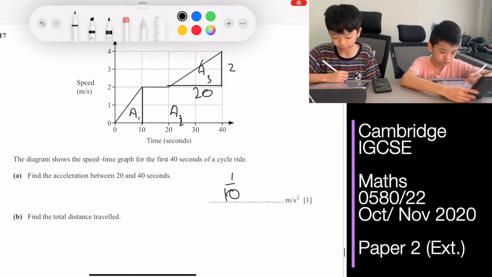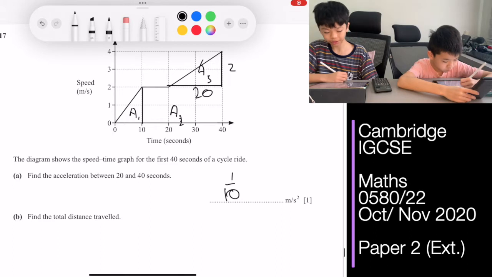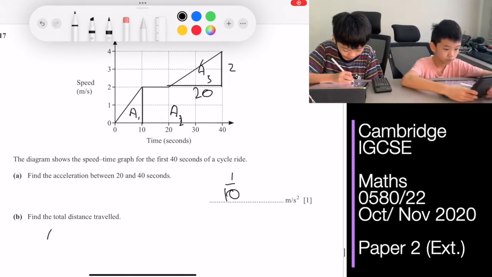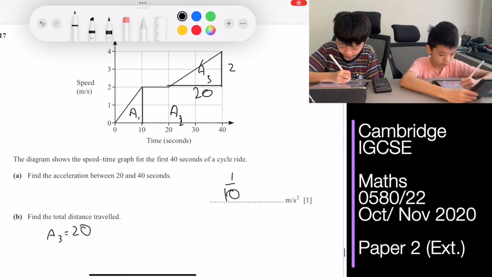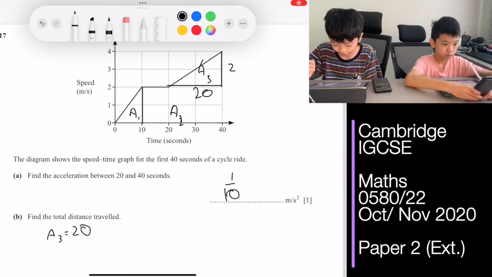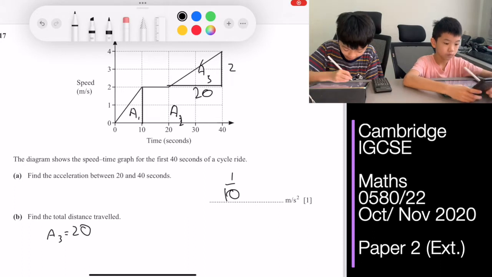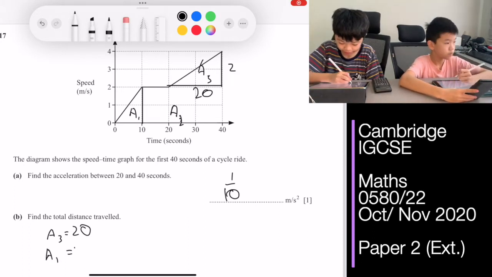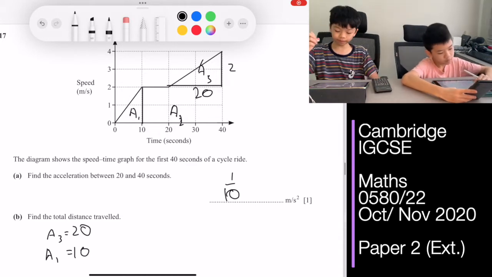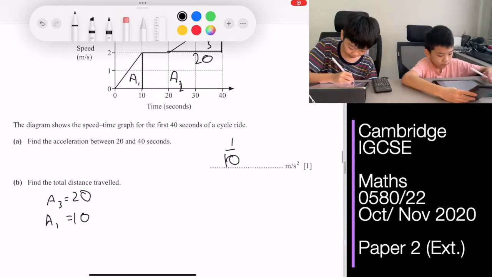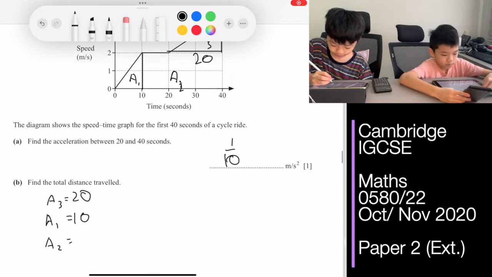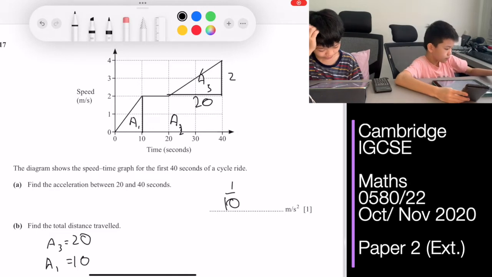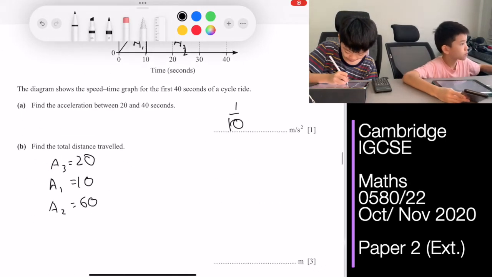A3 is basically 20 based on mental math: half times 2 times 20, which is 20. I'm going to do all of this with mental math. A1 applies the same logic as A3, so it is 10. And A2 is 30 times 2, which is 60.